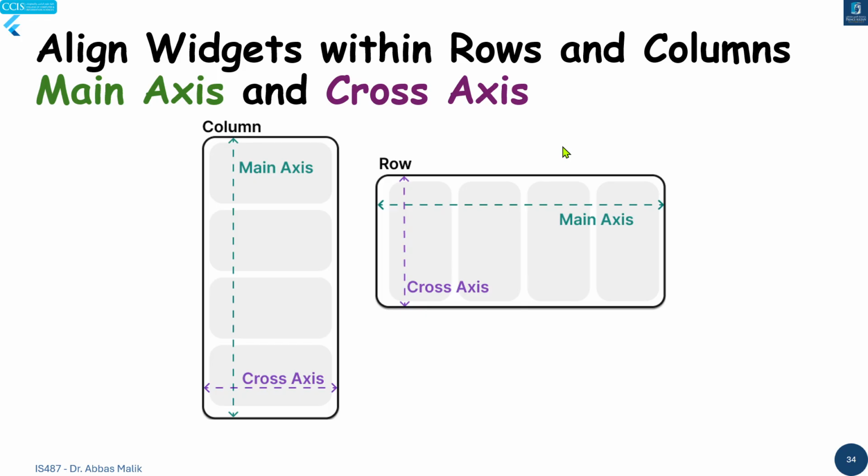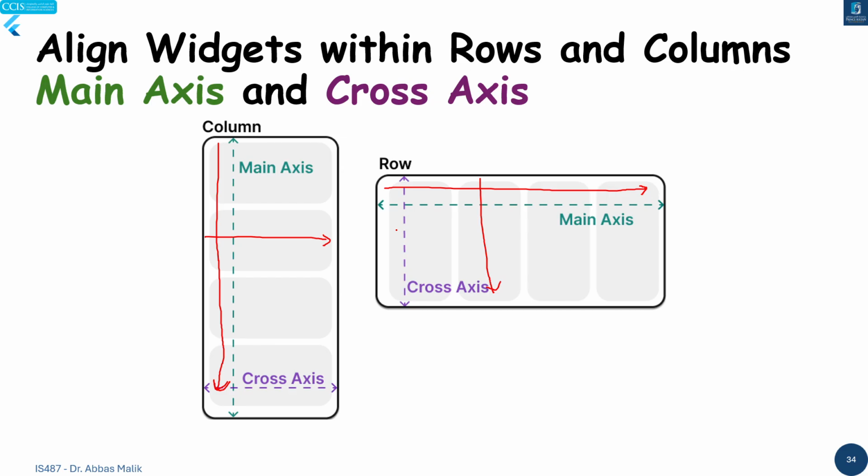This is the main direction in which we are arranging the elements, so that's why we call it the main axis. The cross axis is crossing that main direction of the arrangement of the elements or widgets. So they are different in the column and the row.